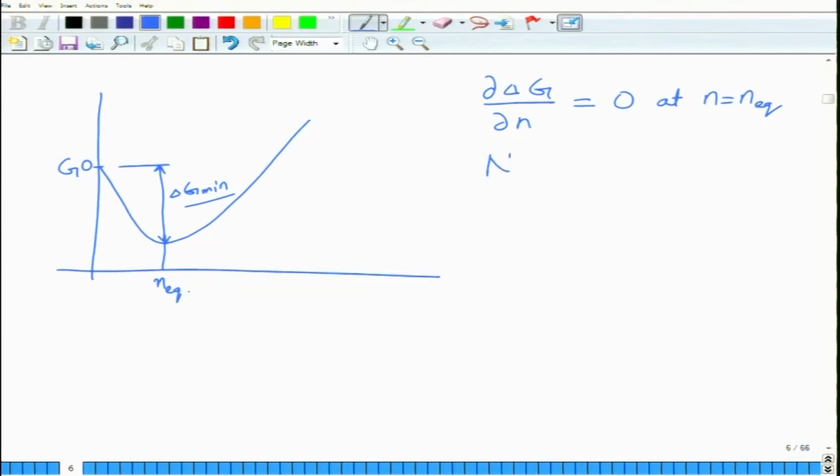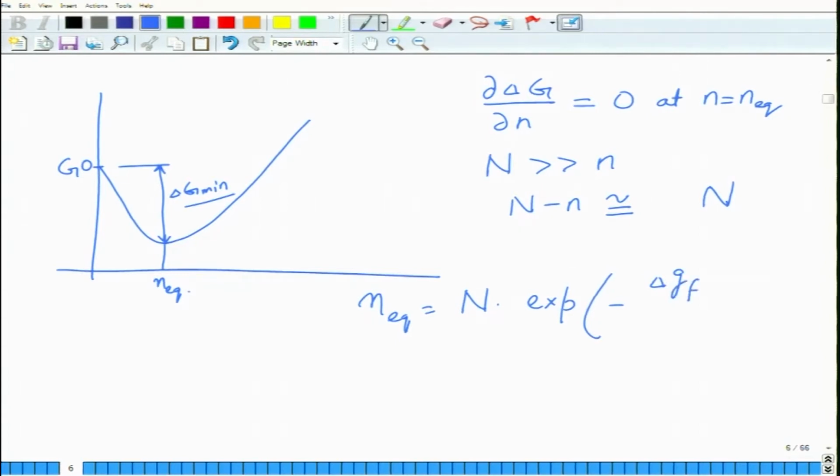Since capital N is much larger than small n, I can say N minus n is equal to capital N. If I differentiate the above equation which I showed earlier and apply this condition, what we will get is n equilibrium is equal to capital N multiplied by exponential of minus delta Gf divided by small kT.